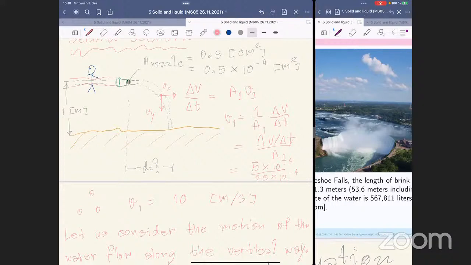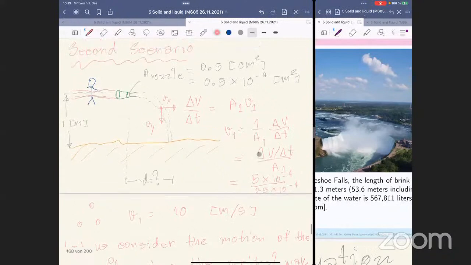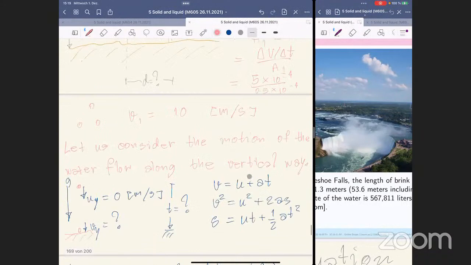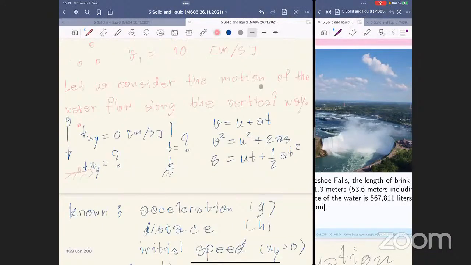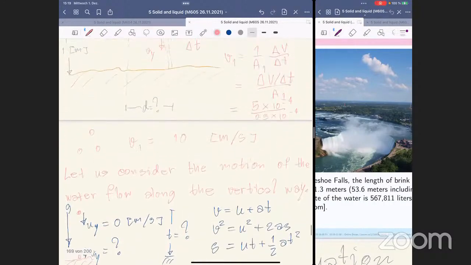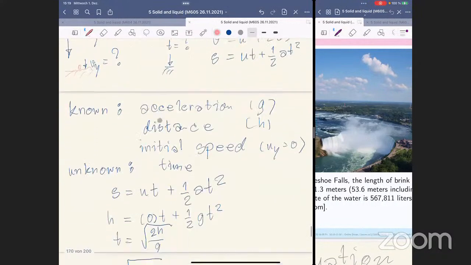So we need not use these equations anymore, because they involve acceleration, and we don't have acceleration along the horizontal way.